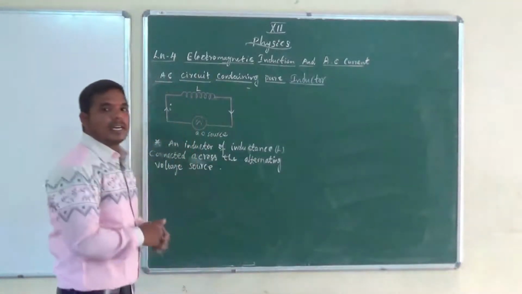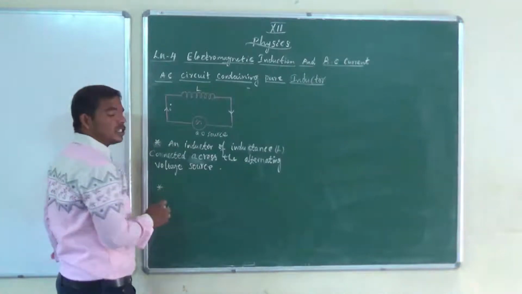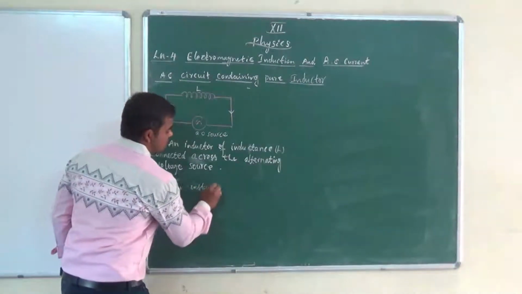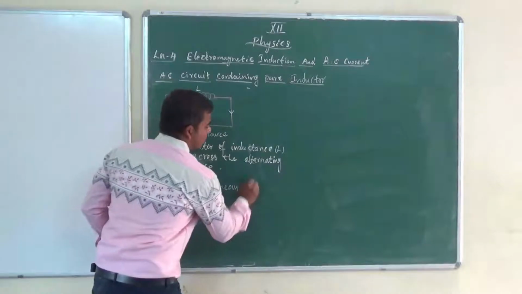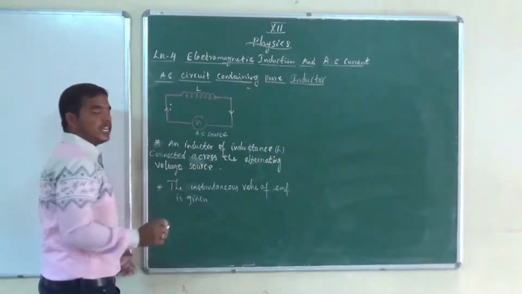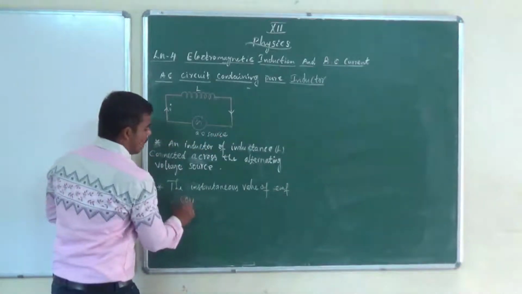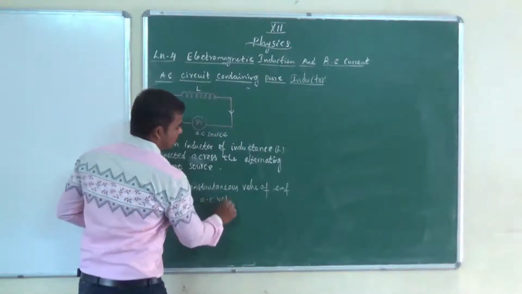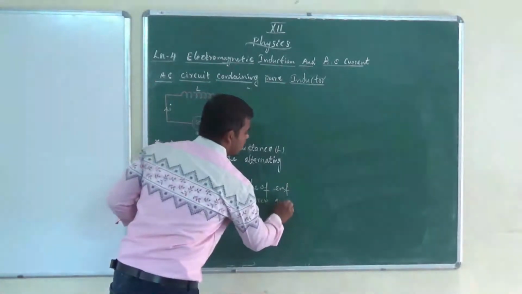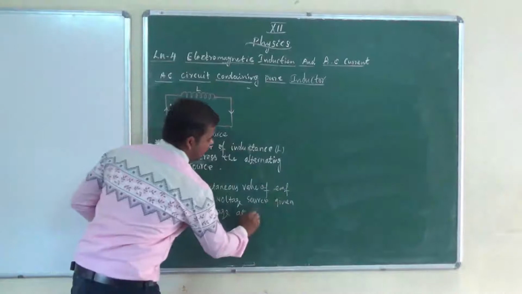So the alternating voltage source gives the EMF at any instant, the instantaneous value of EMF, the voltage at any instant.